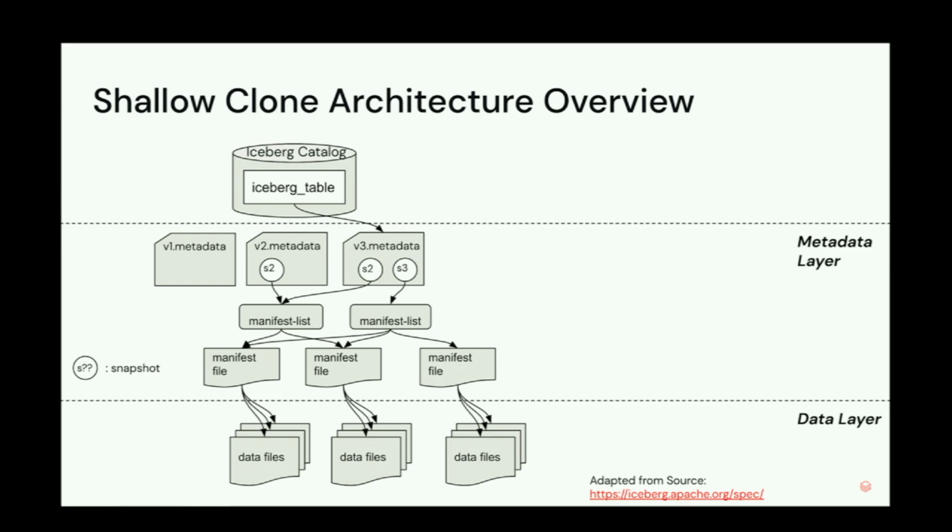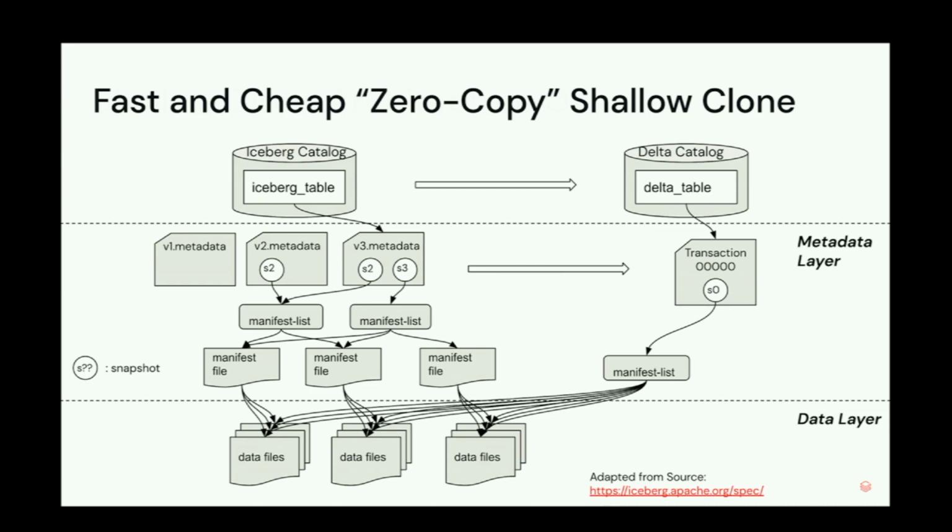You have the metadata layer and data layer. Once you do the shallow clone, this is what happens. It will create a Delta metadata layer, and then also have the Delta table in the Delta catalog. And again, this is a Spark catalog concept, not the user-facing catalog. So again, this is a zero copy, and it's super fast so that you can do these experiments.